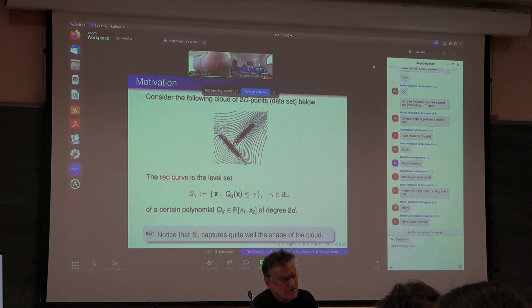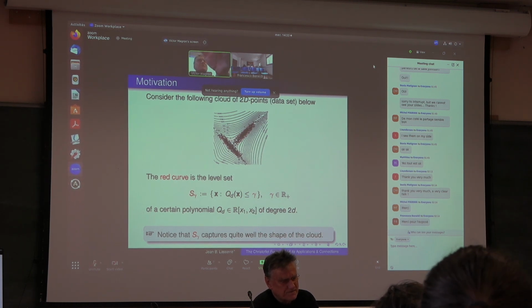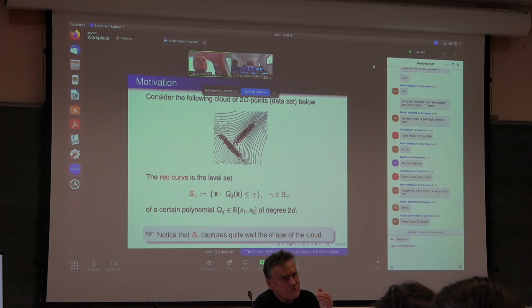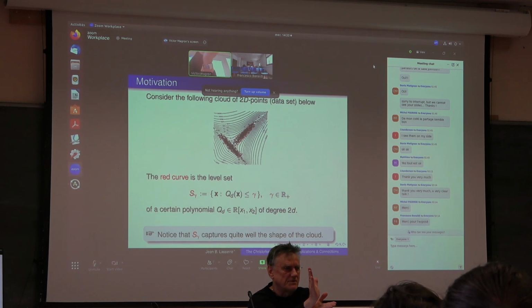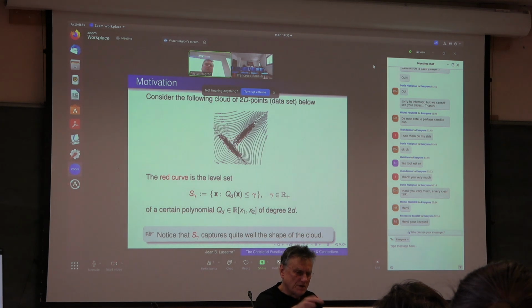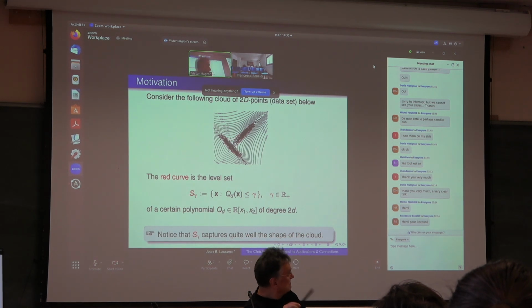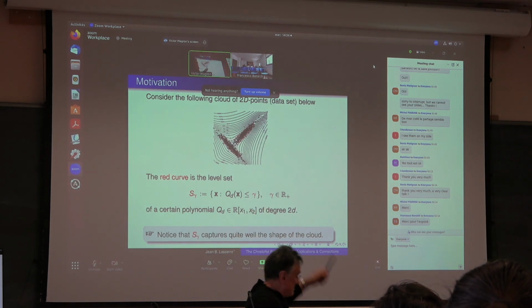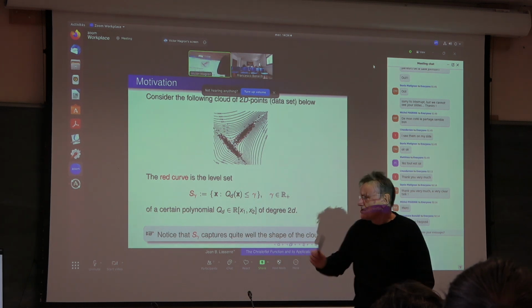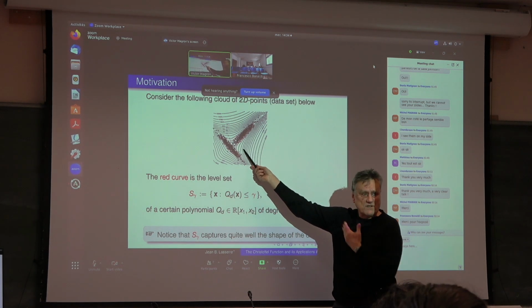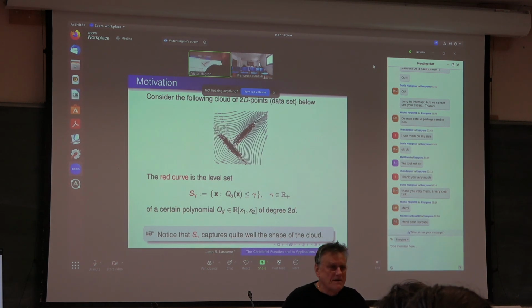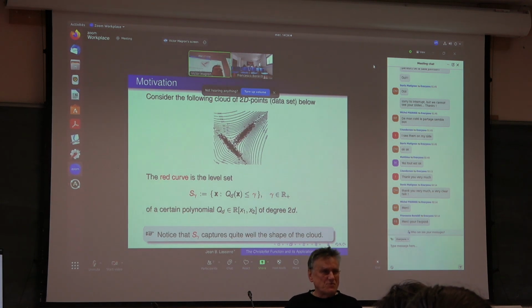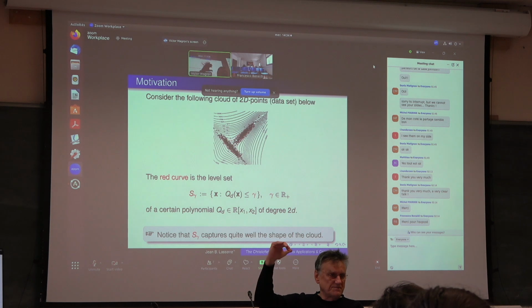And remember, this is the inverse of the Christoffel function, so this K mu d of x,x. So suppose you are not in the T rotated shape. You take a point x somewhere here, for example. Take x here, and you evaluate q_d of x. We have seen that q_d of x, when you are outside, grows very fast.